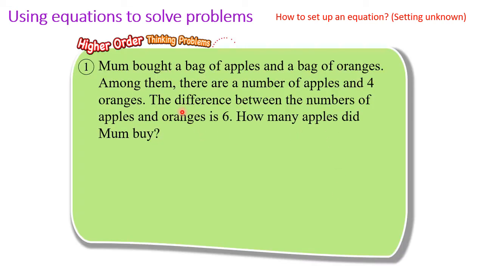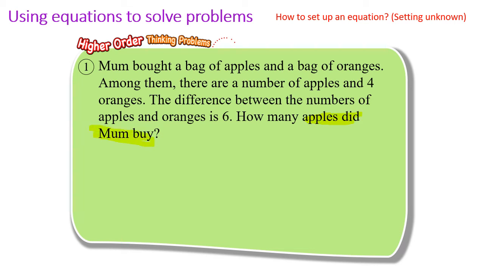There's one more example on how to set the unknowns. First of all, you have to know which one you have to set as the unknown. The unknown should come from the question. For example, this one is asking how many apples. How many apples did mom buy?